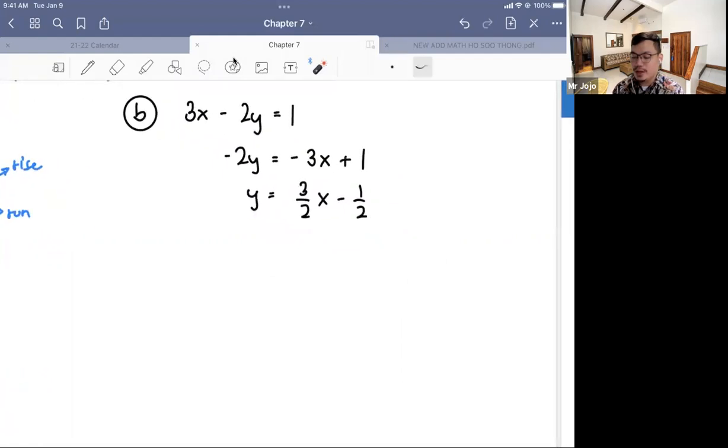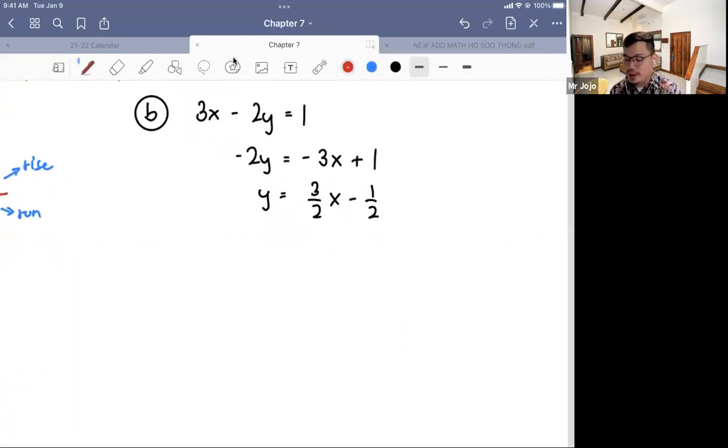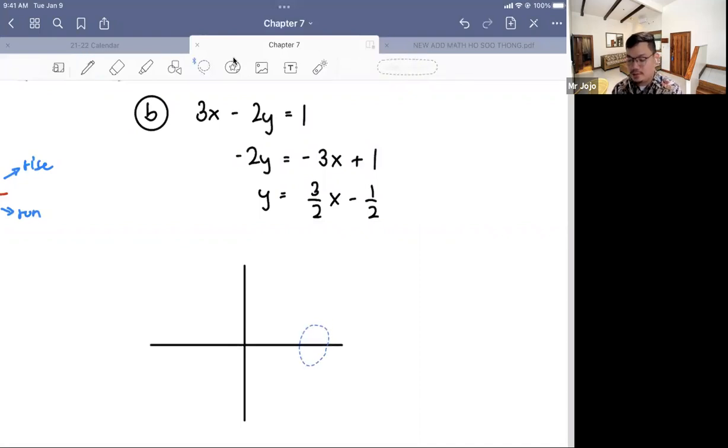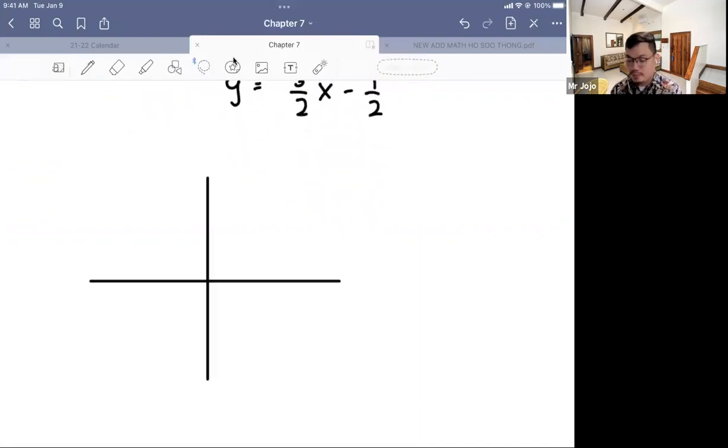So again, always begin with your y-intercept. The y-intercept is negative 1 half. Just to be sure, draw it like this. This is your y, this is your x axis.